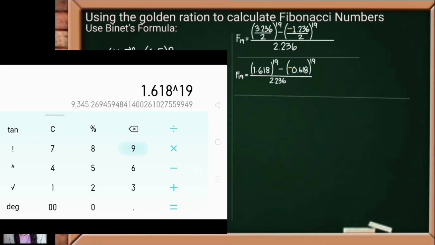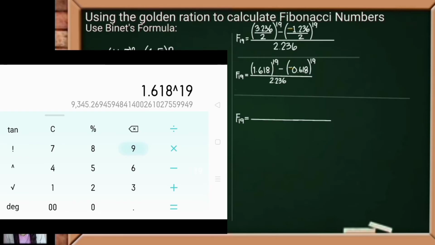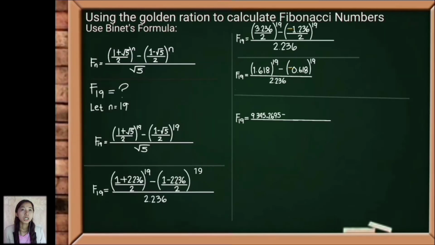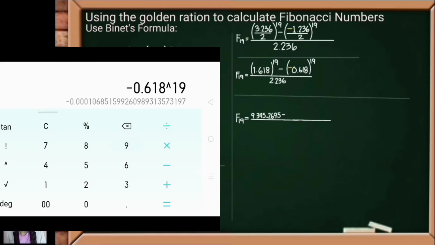1.618 to the power of 19, that is, what is the 19th power of 1.618? If you were to use the calculator, the answer is 9,345.26, minus, what is the 19th power of negative 0.618?